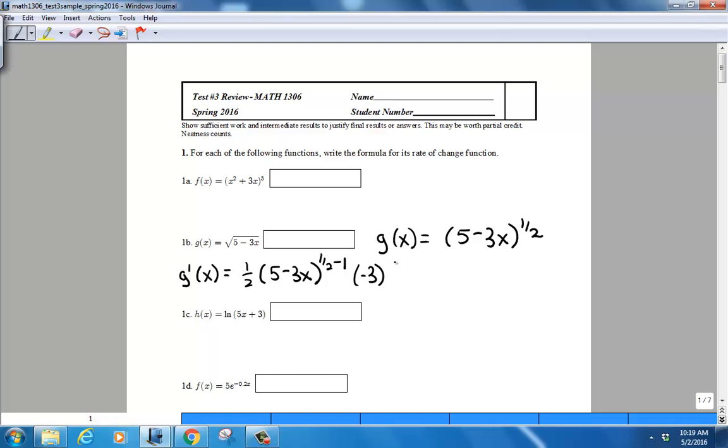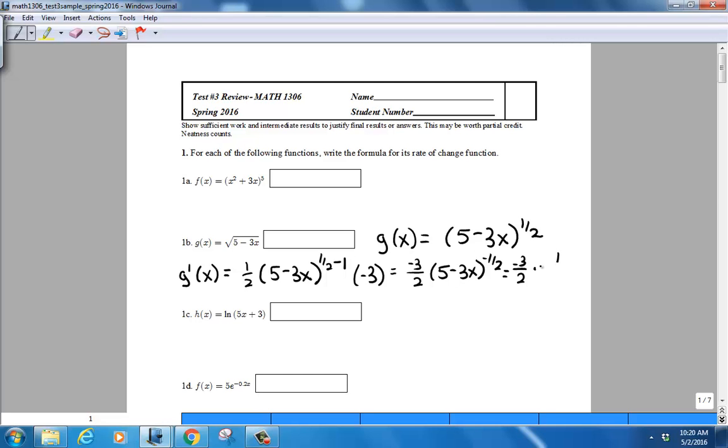Now we can simplify this a little bit because we can multiply, for instance, the -3 times the 1/2. So that would give us -3/2. And then we can take the 5 minus 3x and simplify that a little bit, because 1/2 minus 1 is -1/2. And remember, then we can move that to the denominator to make that a positive 1/2.